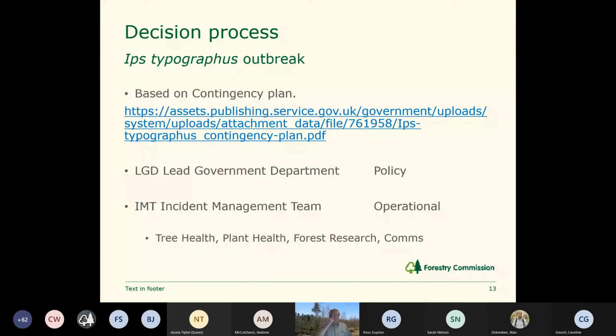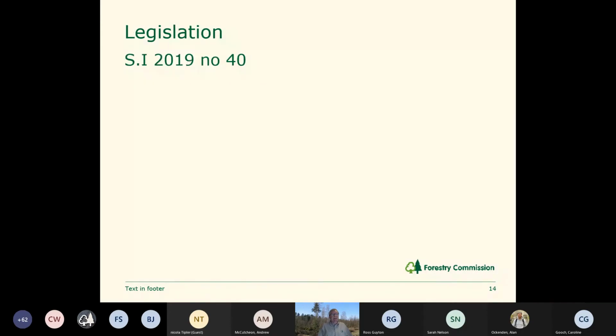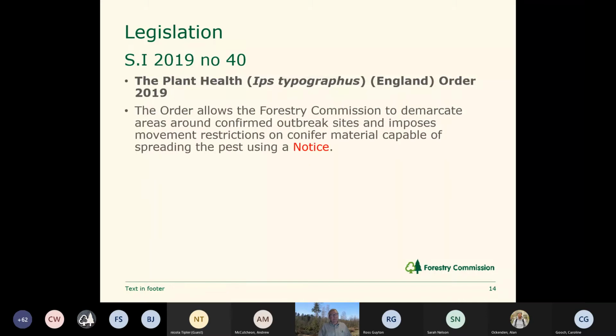The legislation that I referenced was a statutory instrument laid in 2019, and the overarching legislation, which is the Plant Health Typographus Order, allows us to demarcate areas around confirmed outbreak sites and imposes movement restrictions on conifer material capable of spreading the pest using a notice.